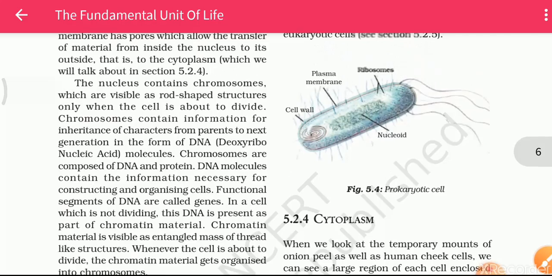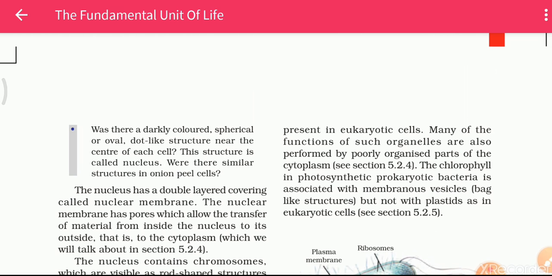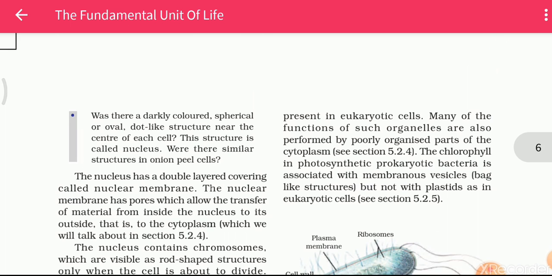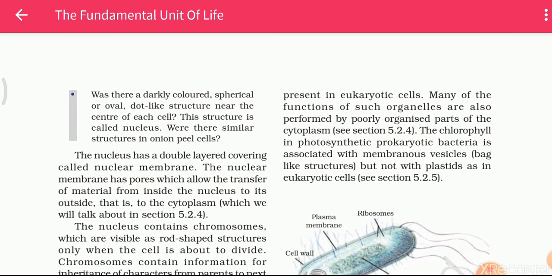Now see here, in the eukaryotes, many of the functions of such organelles are also performed by the poorly organized parts of the cytoplasm in prokaryotes. The chlorophyll in photosynthetic prokaryotic bacteria is associated with membranous vesicles.